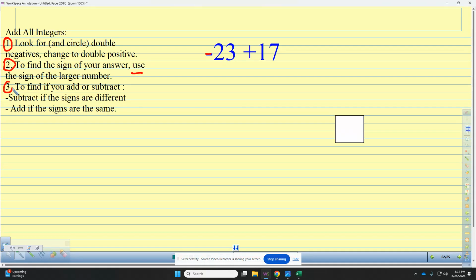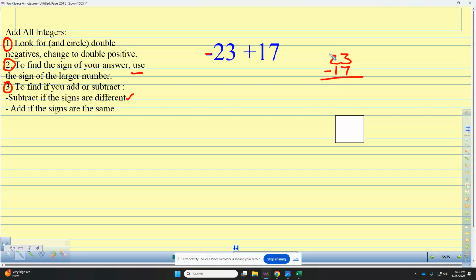Final step. We're going to figure out, are we going to add or are we going to subtract these two digits? We're subtracting if the signs are different. We're adding if the signs are the same. Well, we got a negative and a positive, so they're different. So that means we are subtracting. So we're going to do 23 minus 17. If you can do it in your head, great. If not, write it down.